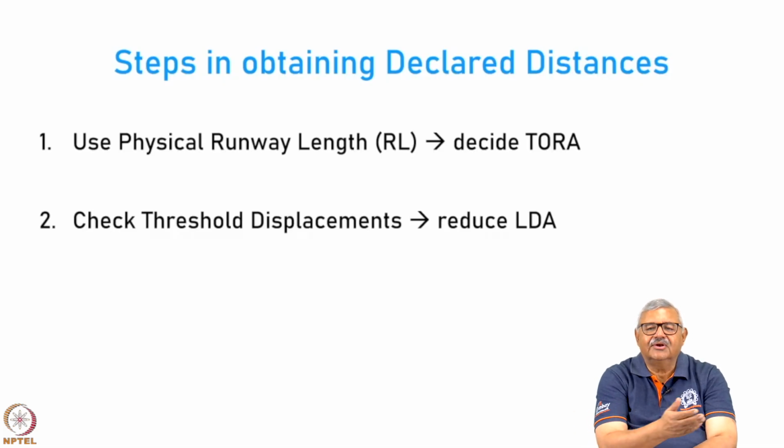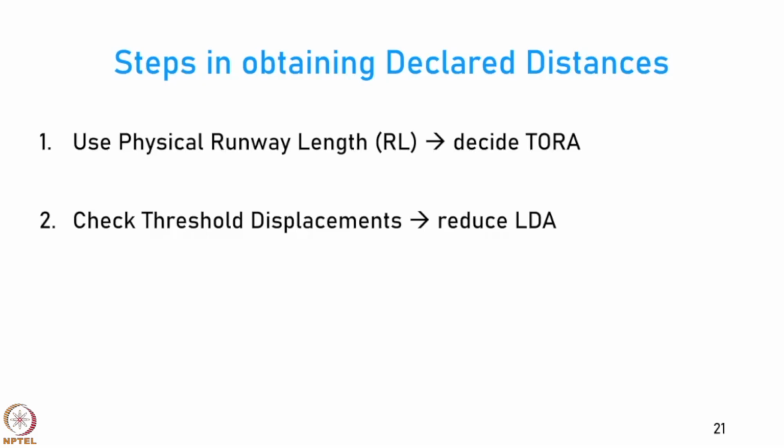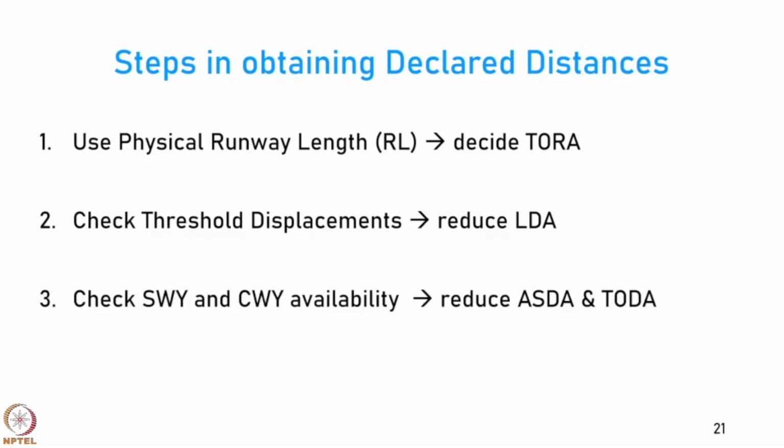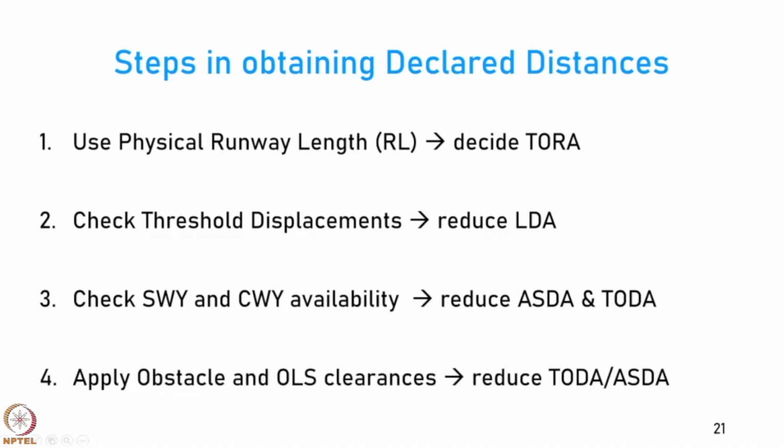If there are, then reduce the LDA from the TORA by the amount of displaced threshold. After that, you should check for stopway and clearway availability. If stopway is present, it will increase the ASDA. If clearway is available, it will increase the TODA. And then you apply the obstacle and OLS clearances, and these, if present, will reduce the TODA and ASDA further.